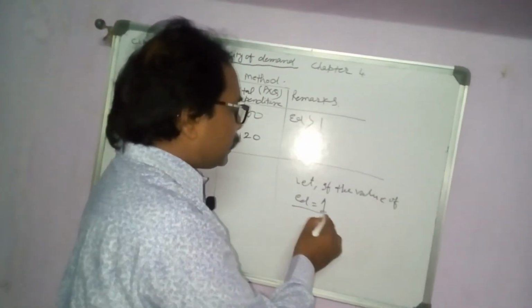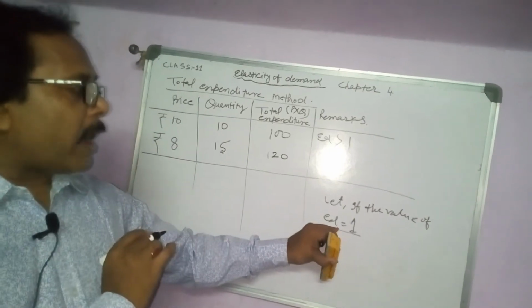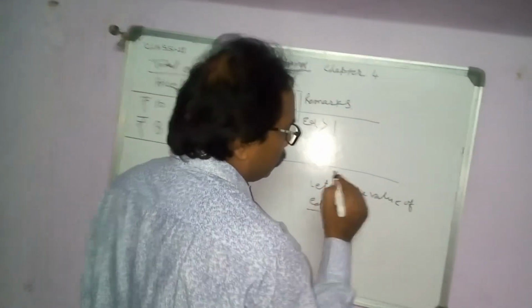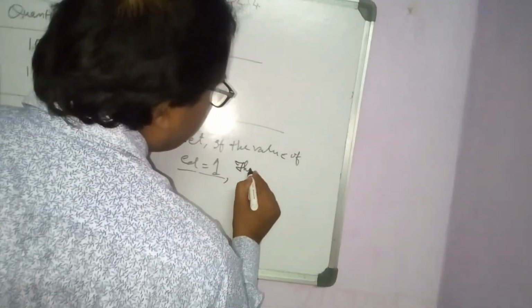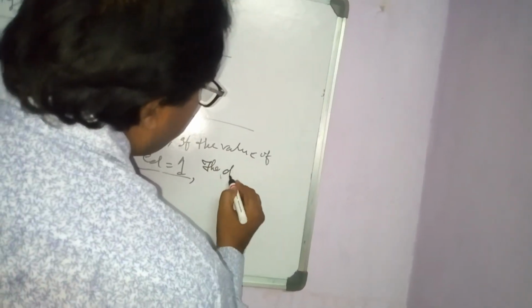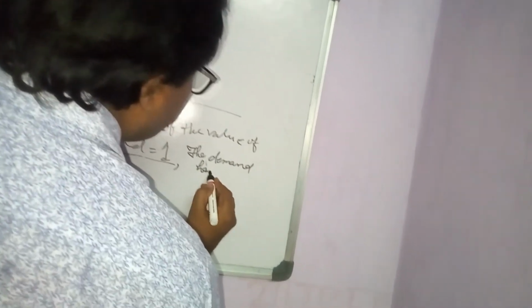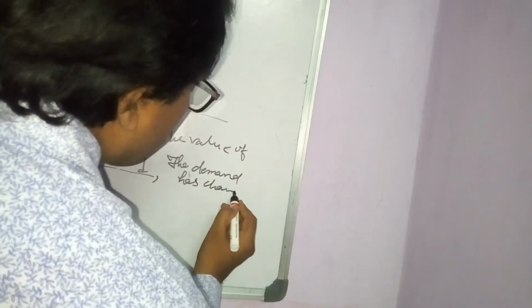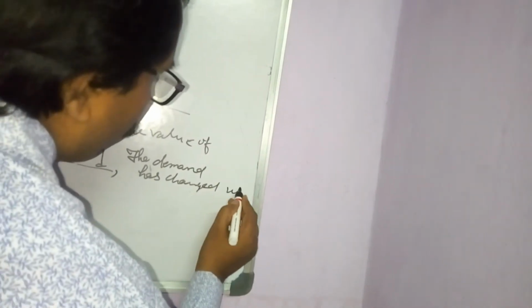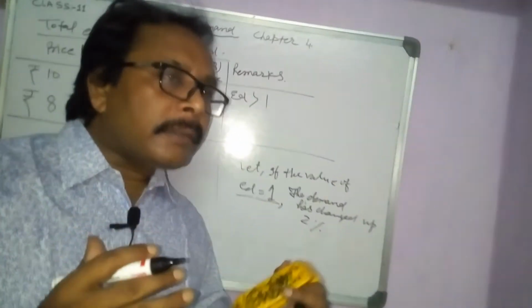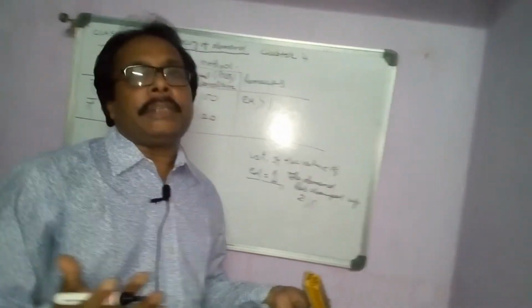If the value of ED is greater than 1, it means the demand has changed by up to 2% for even a 1% change in the price.